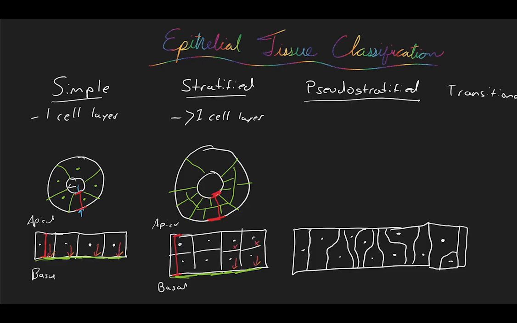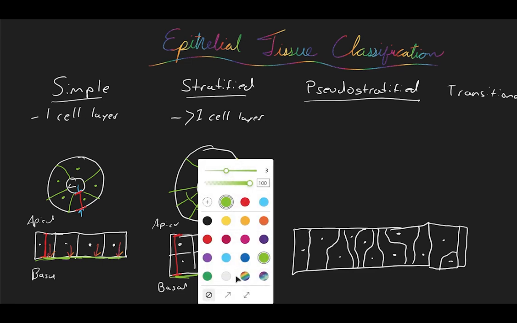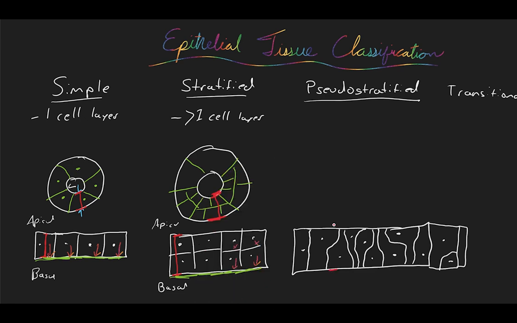Like so. Now notice that these cells look as if I draw a line from here to here, from my basal to my apical side, I go through 1, 2 cell layers. So it looks like these cells are stacked up on one another. But if I look closely, that cell, that cell, that cell, they all touch the basement membrane. Every single cell touches the basement membrane. So if they all touch the basement membrane, it looks like they're stacked, but it's false stacking. So that's what we call a pseudostratified epithelium.